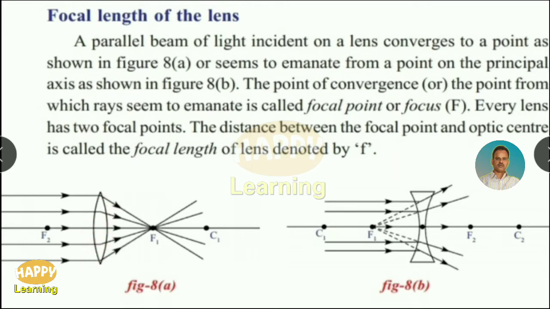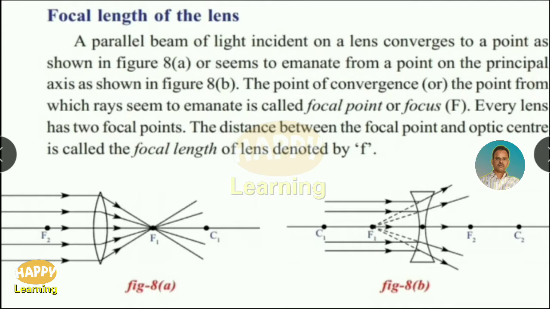In case of a concave lens, a biconcave lens, a parallel beam of light incident on the lens seems to emanate from a point on the principal axis as shown in figure 8b. So these are parallel rays. From the other side, they appear to be all coming from a point on the principal axis, and that point is the focus.